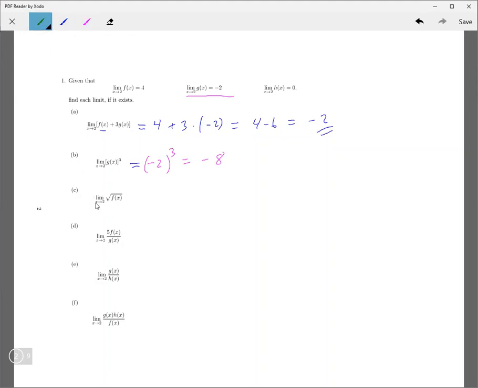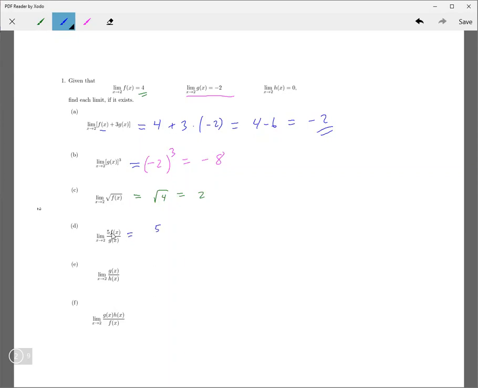Okay, and then this next one is the limit as x approaches 2 of the square root of f of x. So that's just going to be the square root of 4, because that gives you a 4 right there. So that's just going to be 2. And so on, proceed as so on. Okay, so this one's a quotient.